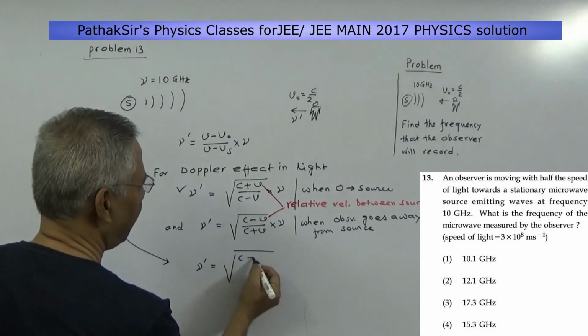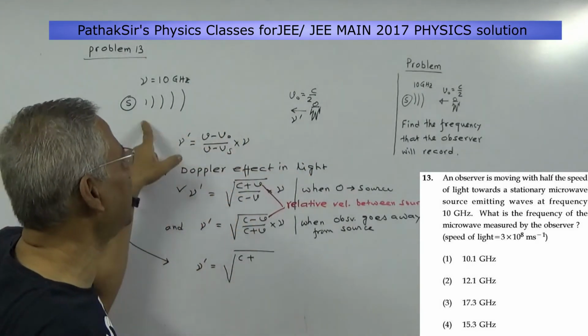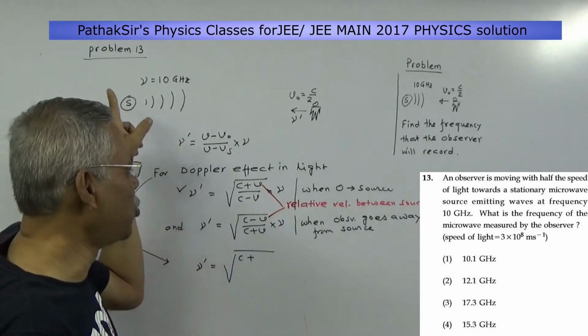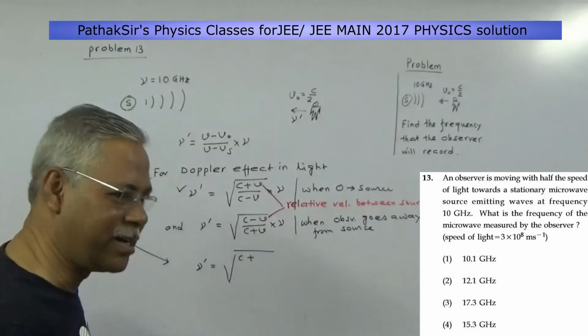Root over the relative velocity between the source and the observer. The source is stationary, it is not moving, so the velocity of the observer itself is the relative velocity.